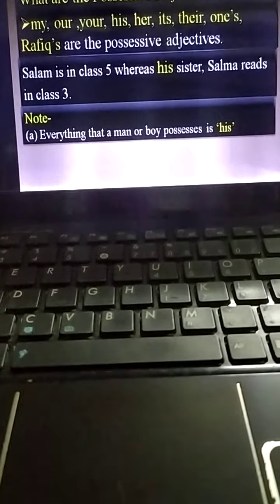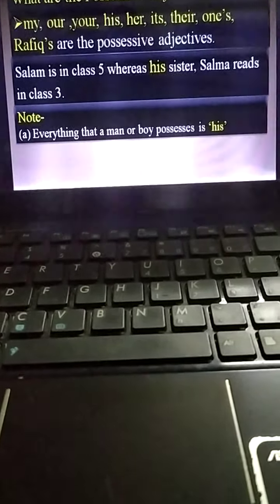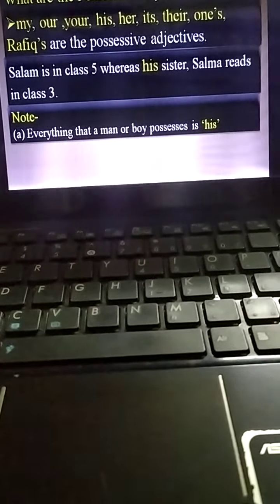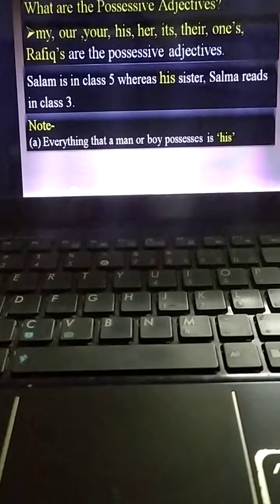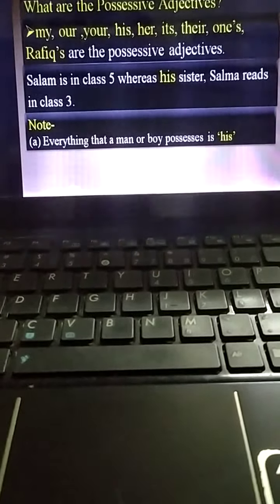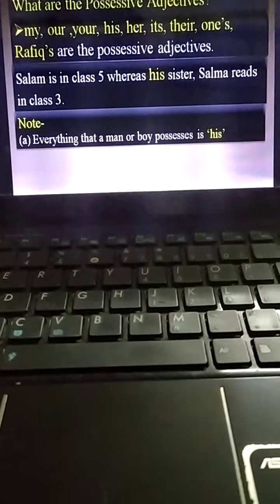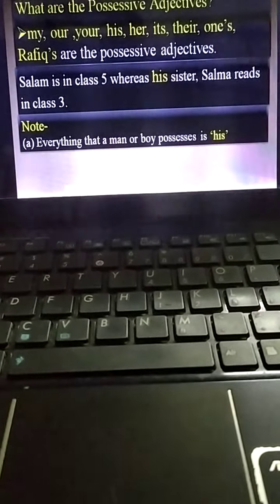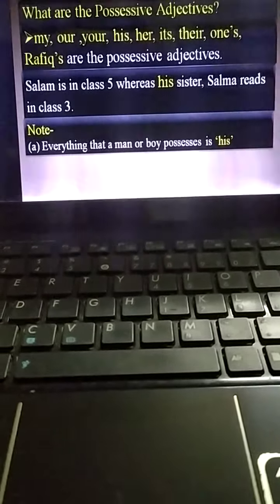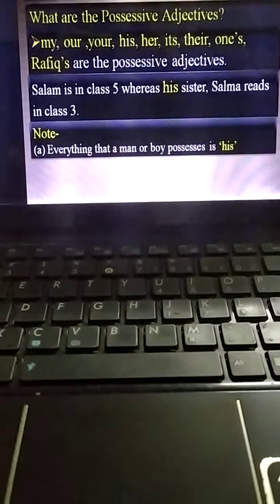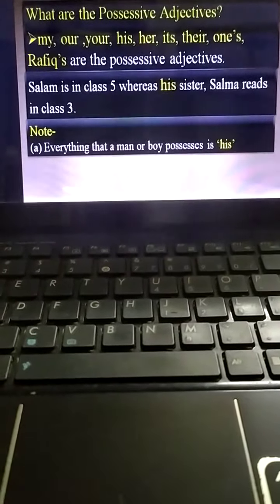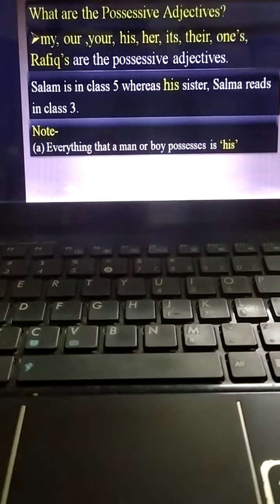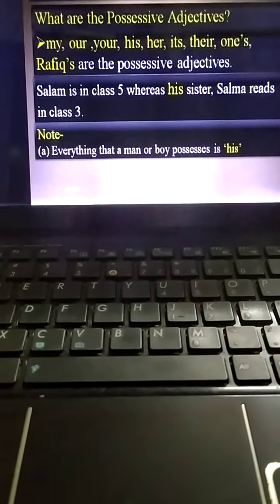Note: everything that a man or a boy possesses, we can use the adjective his. Man or boy possesses, that means male. Regarding a male, we have to use the possessive his.